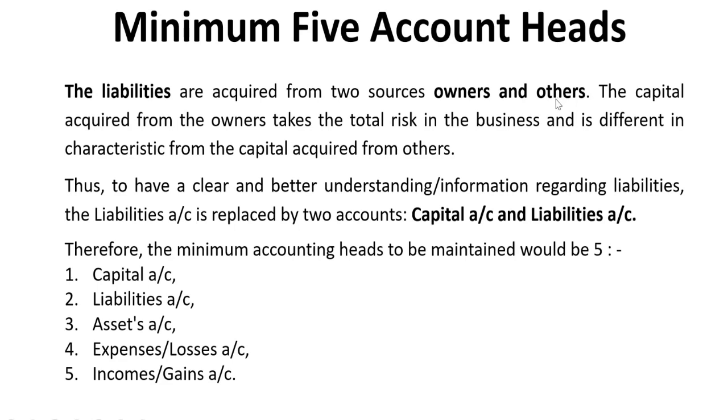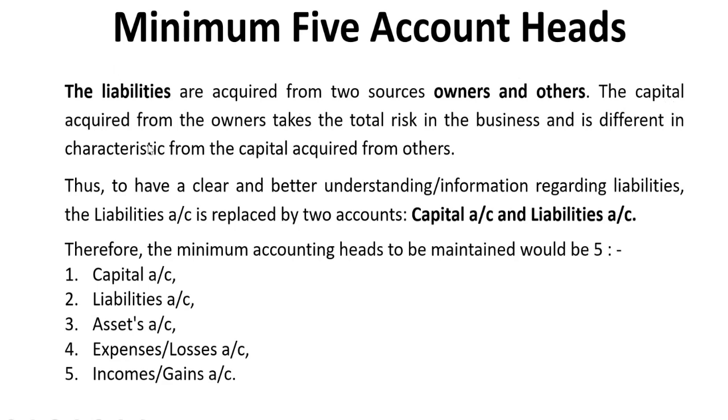So the source of money for the business is the owner. From the owner, we can have money in the business, and from other people, maybe a bank loan, maybe some other persons, that is the outsider liability. So this is the total liability, right?